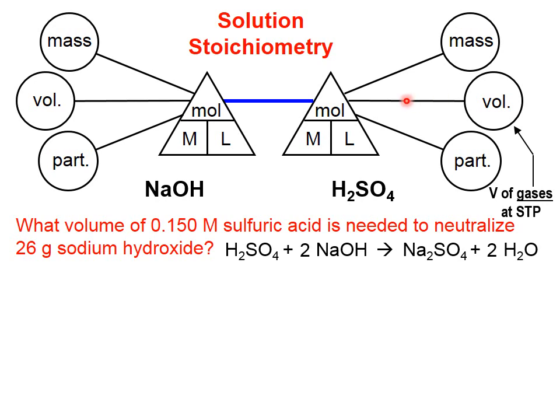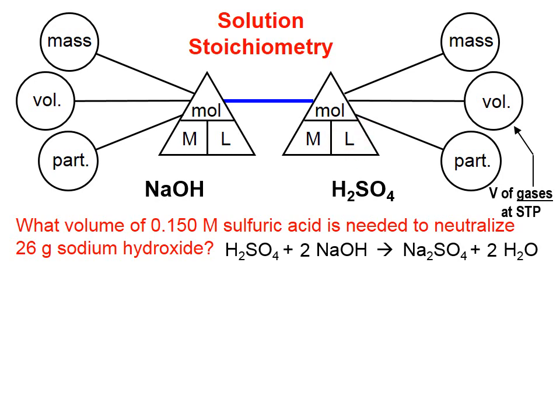That's because this conversion factor bridge right here goes something like 1 mole of any gas at STP equals 22.4 liters of volume. But sulfuric acid is a solution. It's a liquidy-like thing. So where we're actually going to end up is not volume island over here on the far right, but volume right there. That's related to the concentration of the solution.